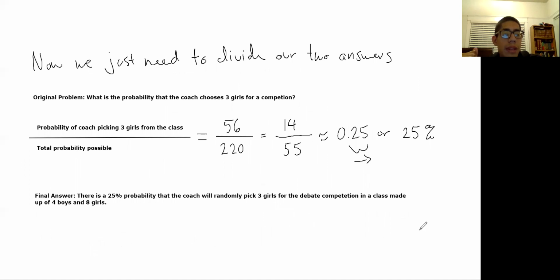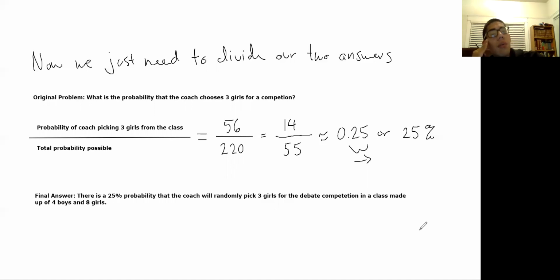We have the total ways of the coach picking 3 girls from the class and the total possibilities. That's my two answers from the previous steps. So 56 divided by 220, I can simplify that, and I'm going to end up getting 14 out of 55.